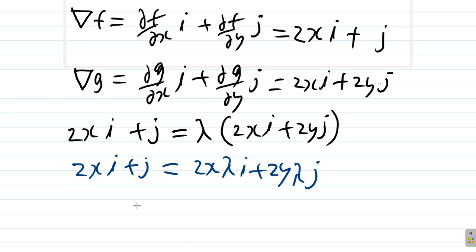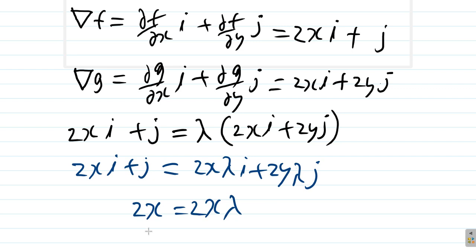So, we have 2x is equal to 2x lambda, because whatever multiplies I in the gradient vector of the function is equal to whatever multiplies I in the gradient vector of the constraint. Same thing applies to j, but in this case it is 1j equal 2y lambda j.